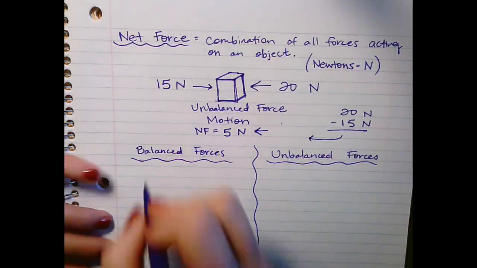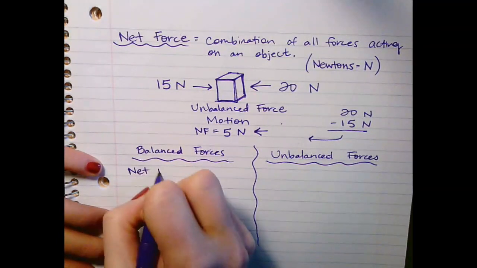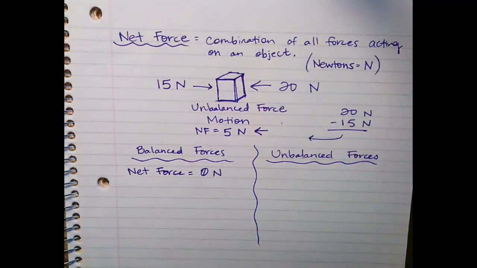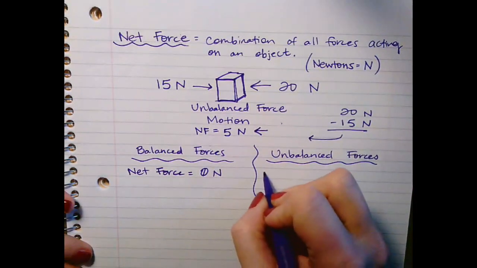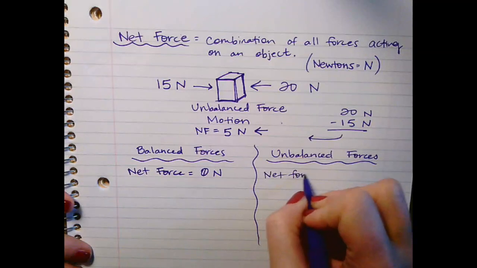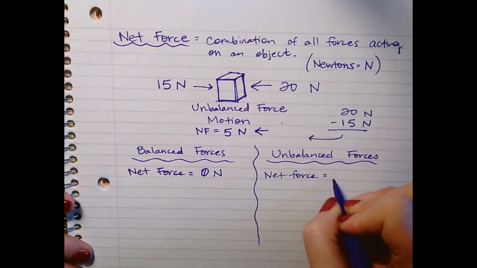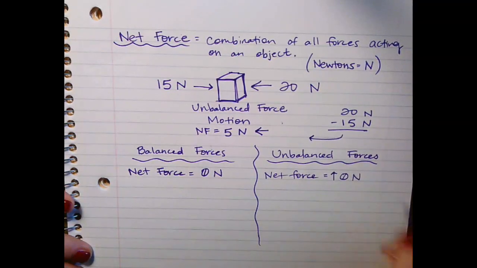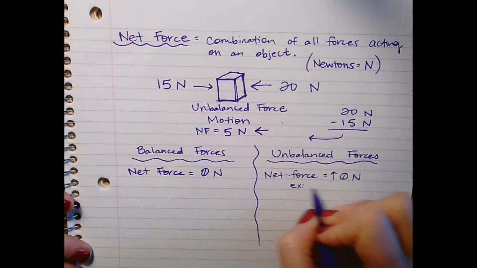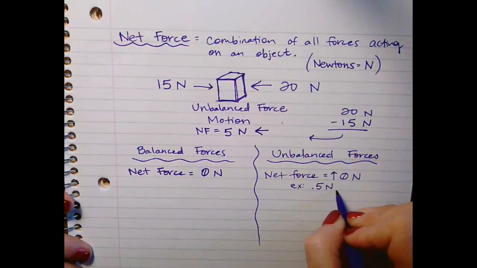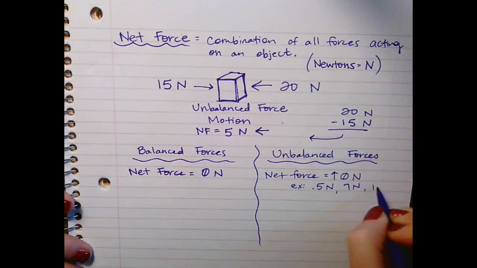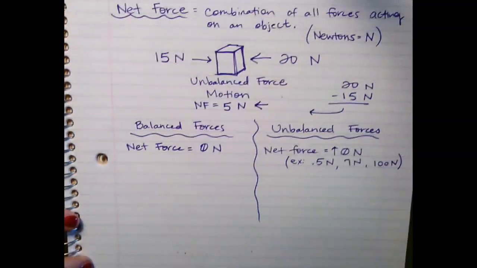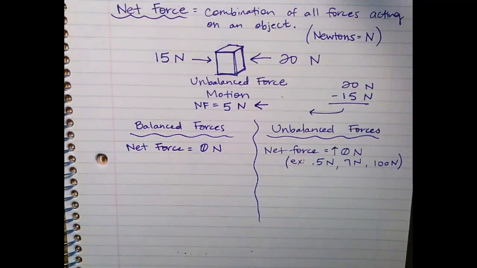Okay, so balanced is when the net force is equal to 0 newtons, where unbalanced, the net force, we would get an actual number, so a number larger than 0. So that could be 0.5 newtons, that could be 7 newtons, that could be 100 newtons. Okay, so any number would be an unbalanced force.